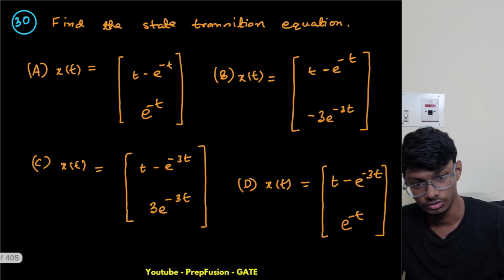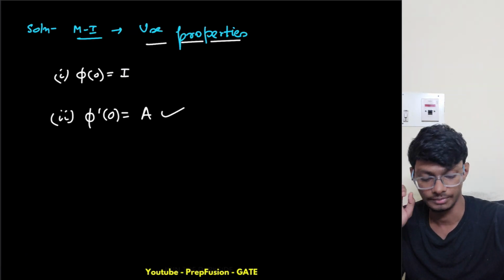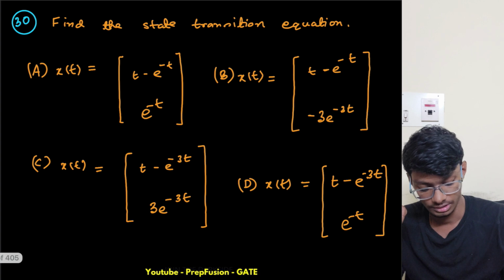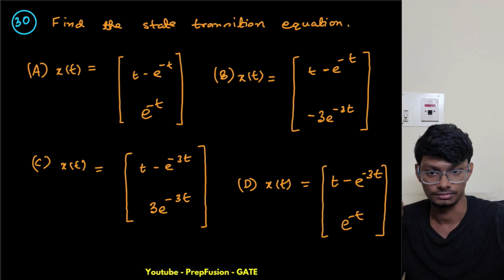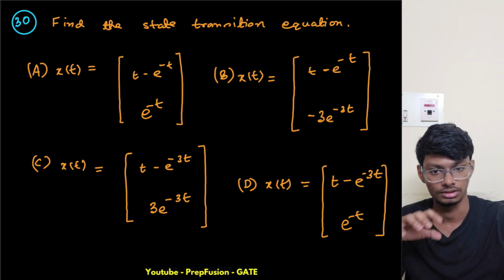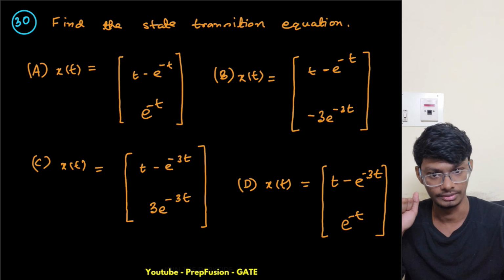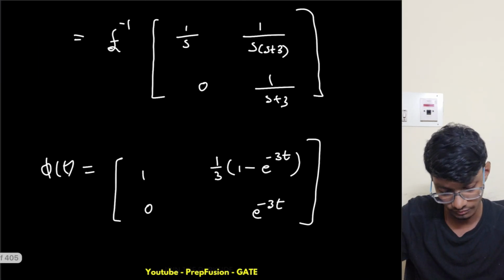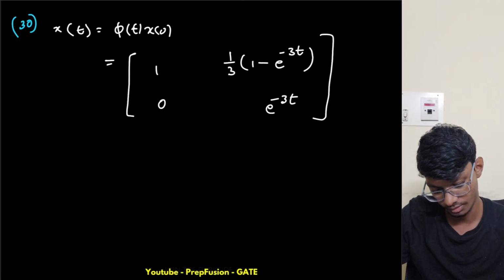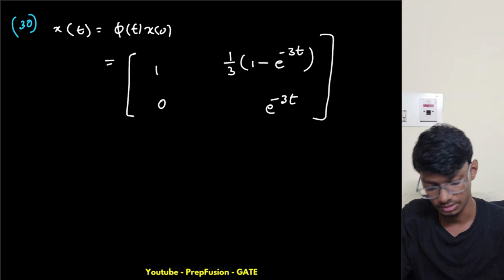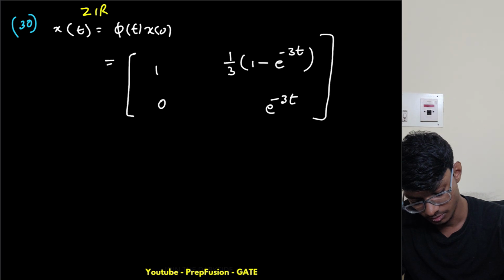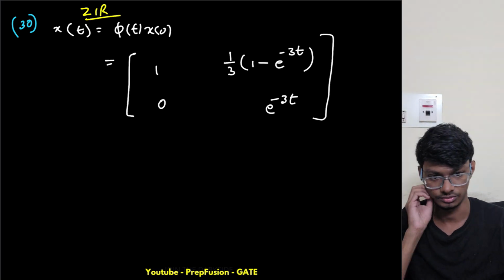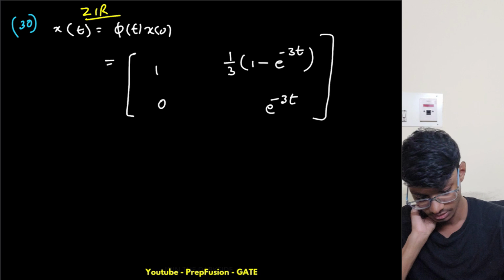The important point to notice is that we have to find this with respect to the input also, so that will be a bit difficult. First I will find it with respect to the state variable. So this is my zero input response due to initial values.